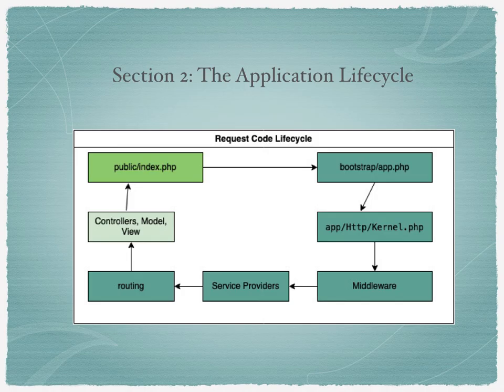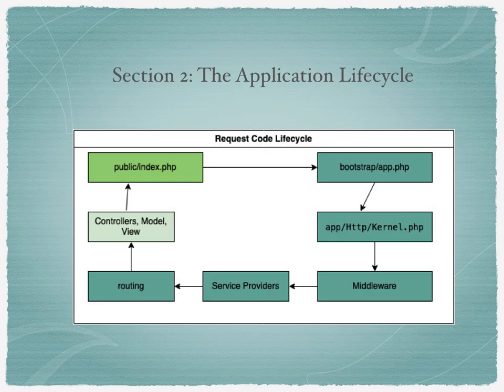It will pass the request and all the data to the service provider. Now the service provider is the main thing which controls all the services and provides all the data to the routing. There are many service providers, like the route service provider, the app service provider, and others. Those are the main service providers which control the logic and send data to the route.